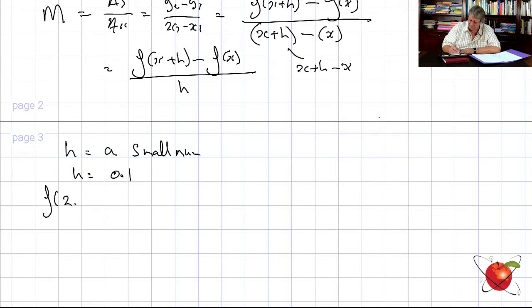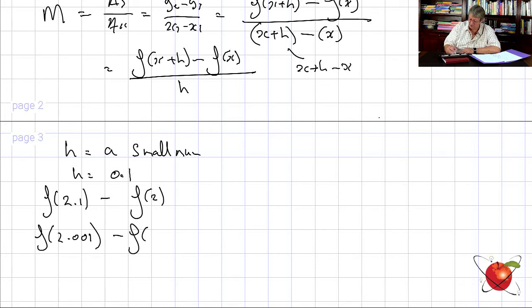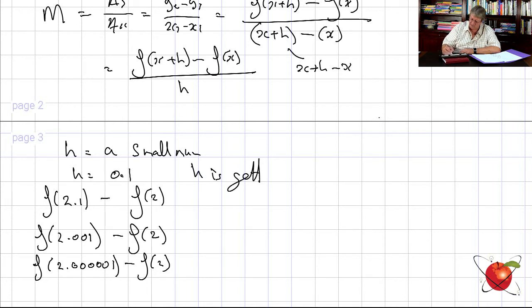Therefore, it's going to be f of 2.1 minus f of 2. But we could also go f of 2.001 minus f of 2. What about f of 2.000001 minus f of 2? Can you see that here h is getting smaller?